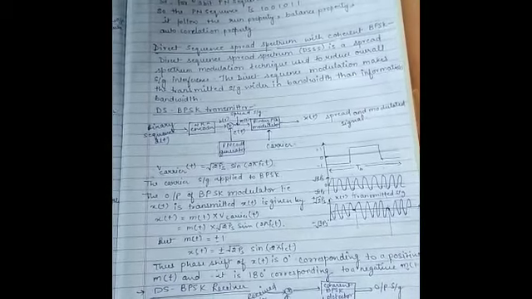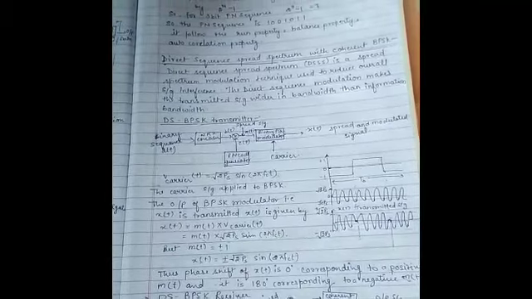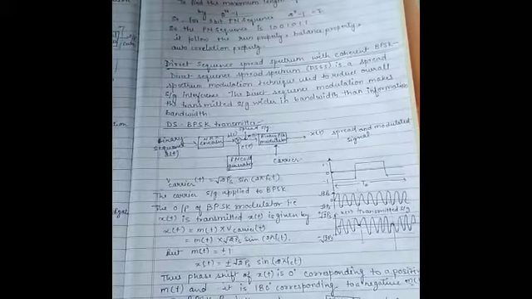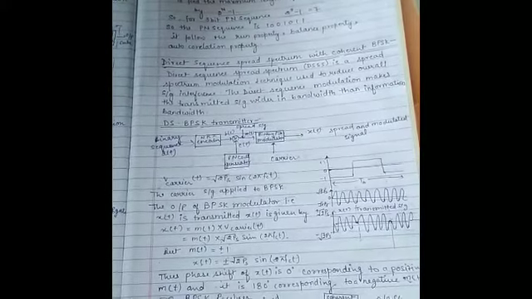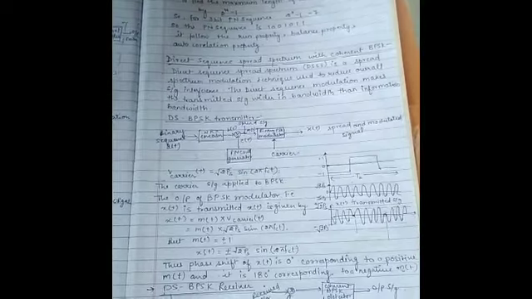Now the signal is recovered in the receiver part with the help of the DS-BPSK receiver, that is the direct sequence binary phase shift keying receiver. This is the block diagram of the DS-BPSK receiver.